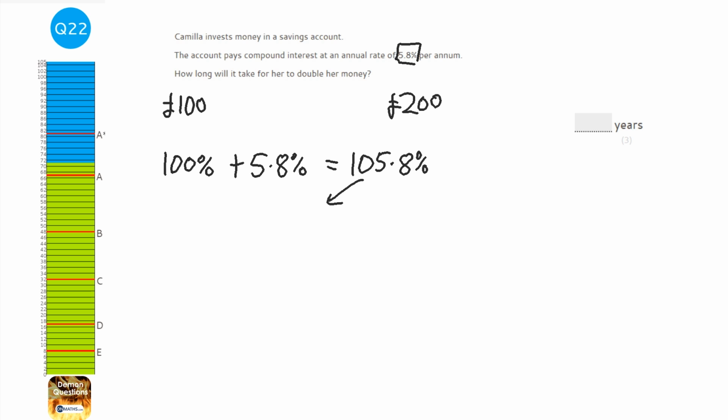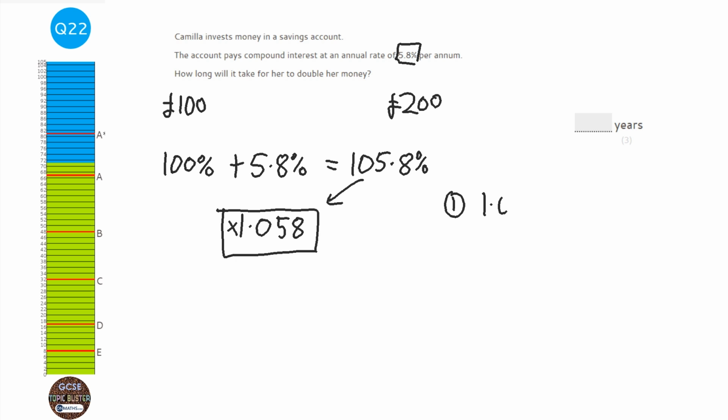To make that a multiplier, you just divide it by 100, so it's 1.058. So that is our multiplier. So year 1, our multiplier is going to be 1.058. So we've increased it by 5.8%.